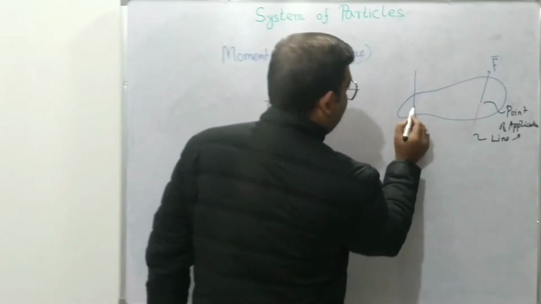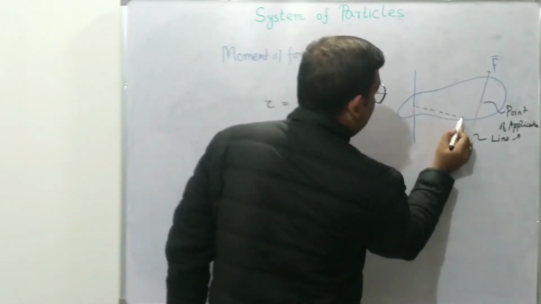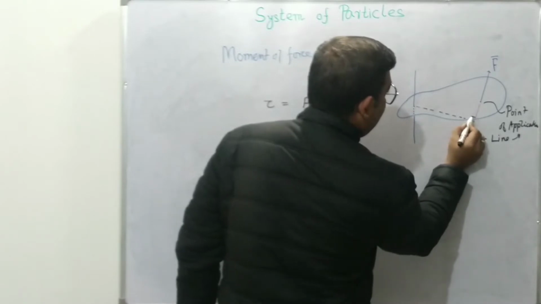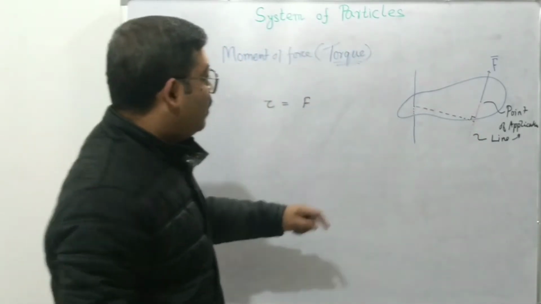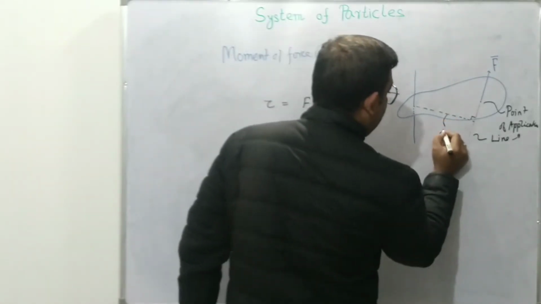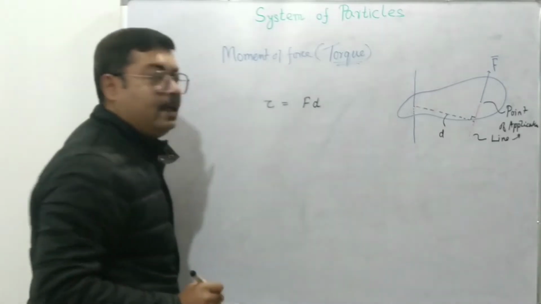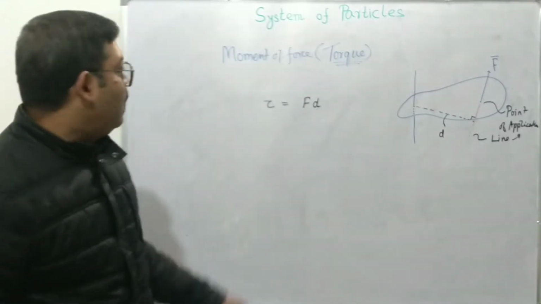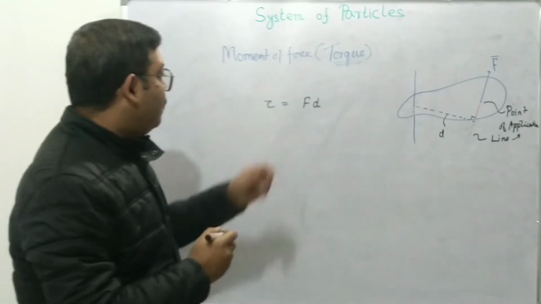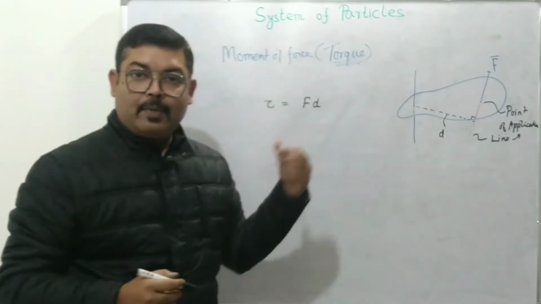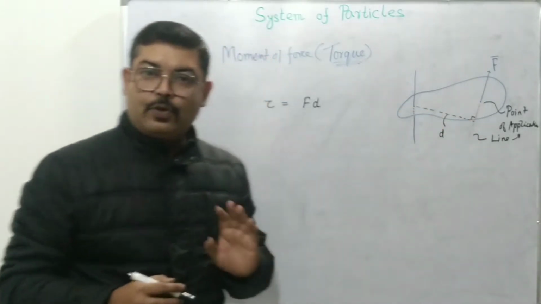By dropping a perpendicular from the axis of rotation to the line of application of the force. So let's call this D. So tau will be force into D. Tau, that is torque, is the product of force and the perpendicular distance between the line of application of the force and the axis of rotation.